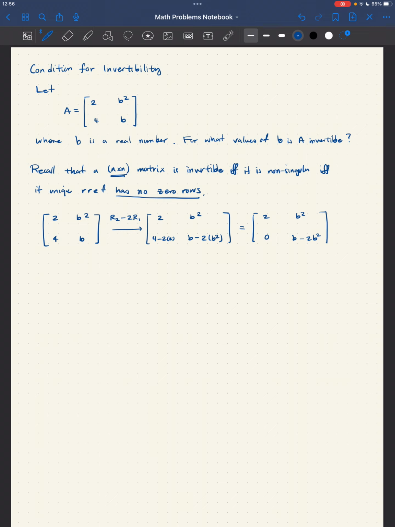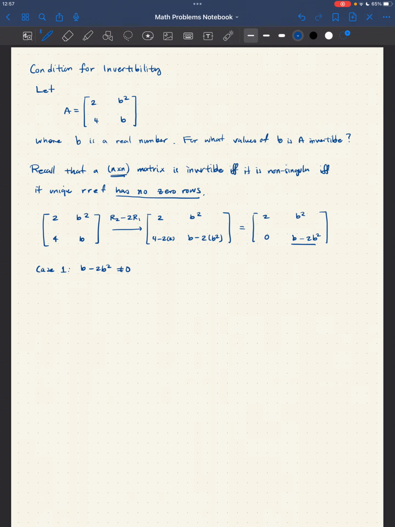But now at this moment, there's only one thing that we can do. We can ask, is this number 0 or not? Now, case number 1. Suppose that b minus 2b squared is different from 0.